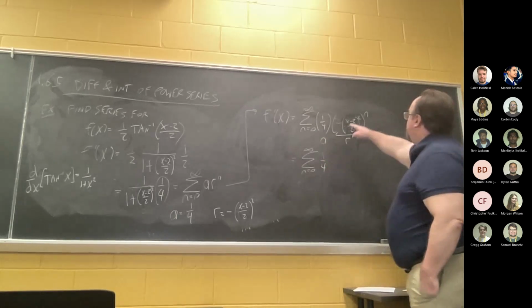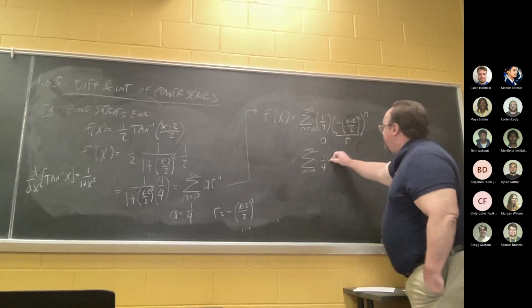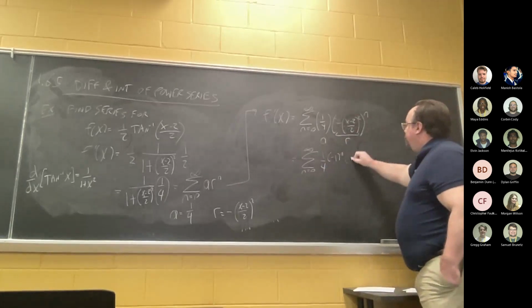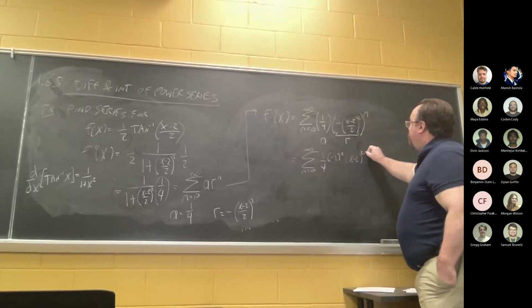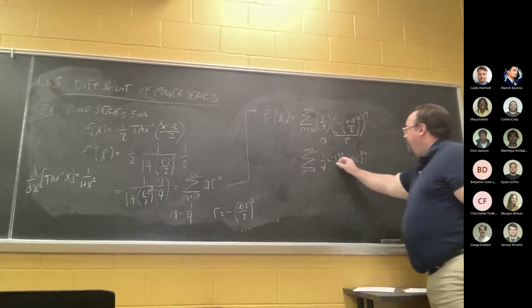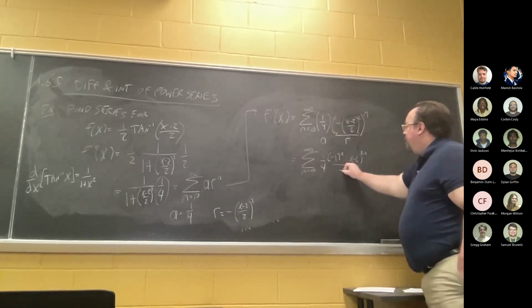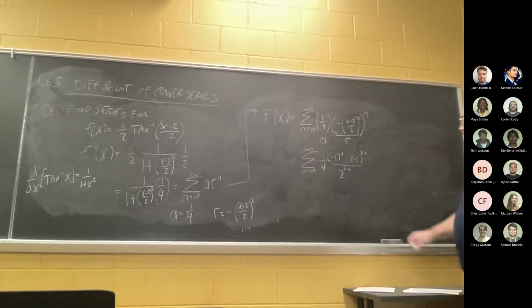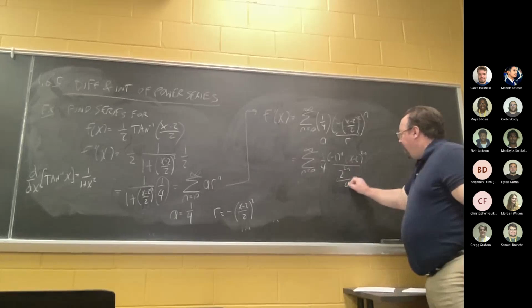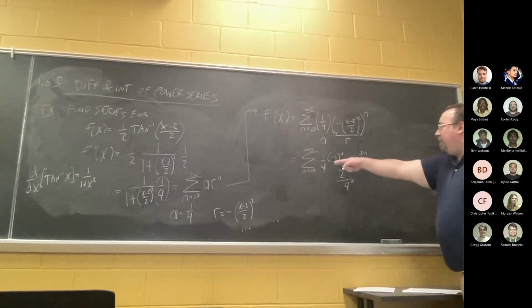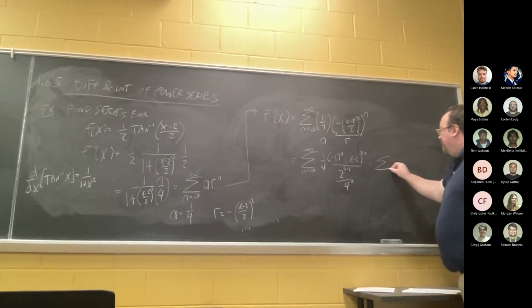So the 1/4, and then here we have minus 1 to the n. And then x minus 2 to the 2n, multiplying these exponents. And then I have in the denominator 2 to the 2n power. But 2 to the 2n, that's the same as 4 to the n. And I have a 4 sitting there already.